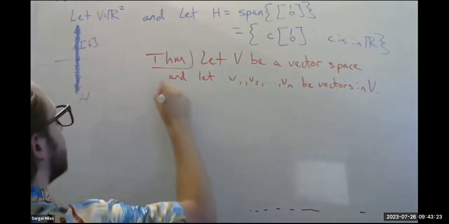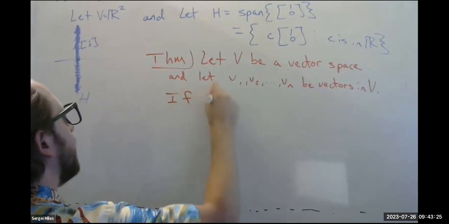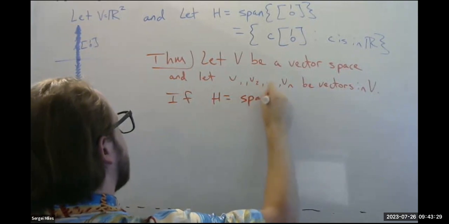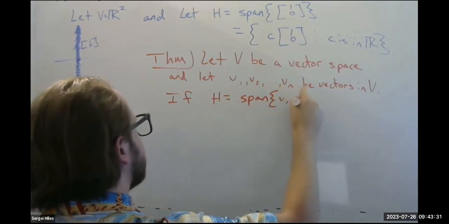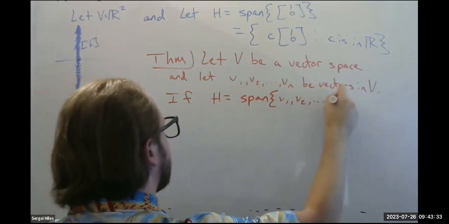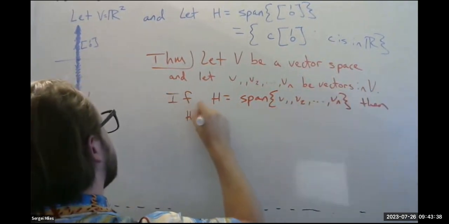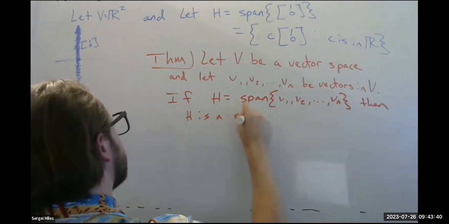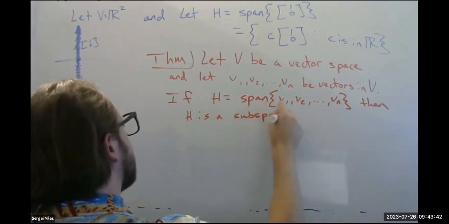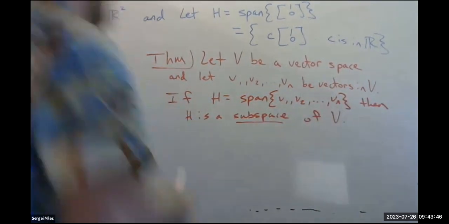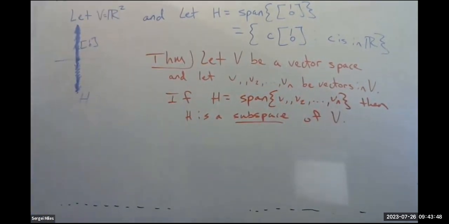Now here's where the magic is. If H equals the span of these vectors, then H is a subspace of V, right? And in fact, this is going to happen every single time.